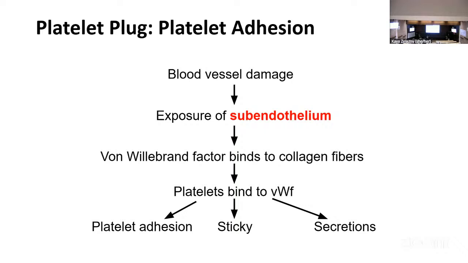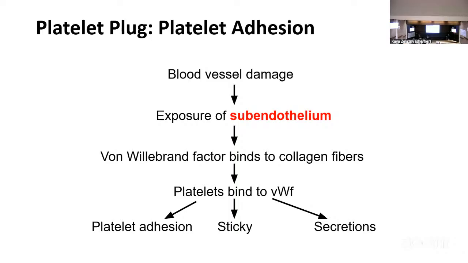One of those substances in your blood is something called von Willebrand factor. It's going to play a couple different roles in this hemostasis process, but this is the first one. So when we expose that subendothelium, what we're partially exposing in that layer are collagen fibers.